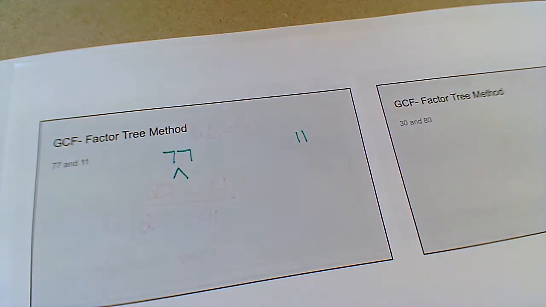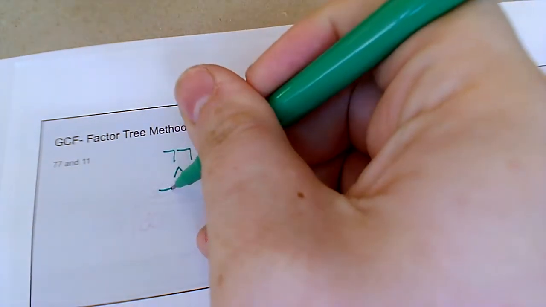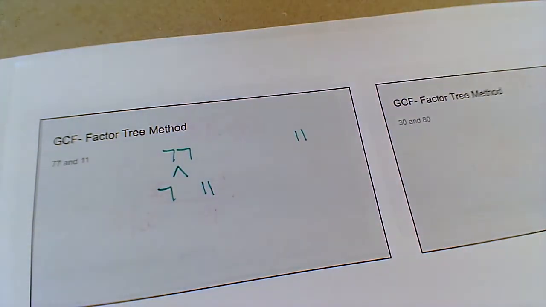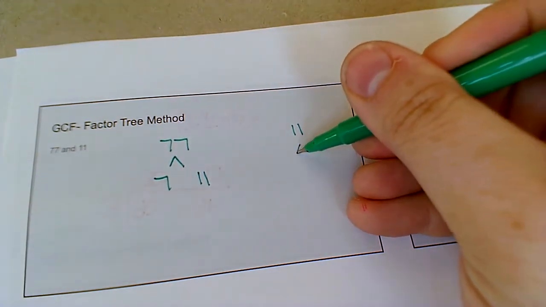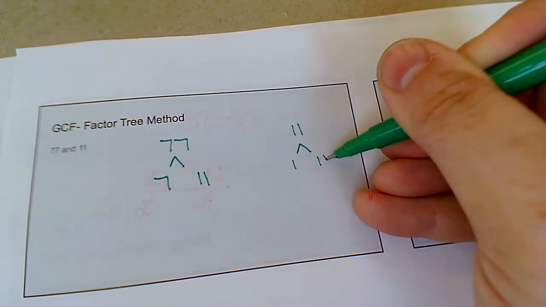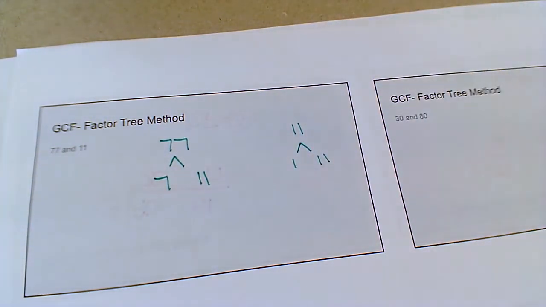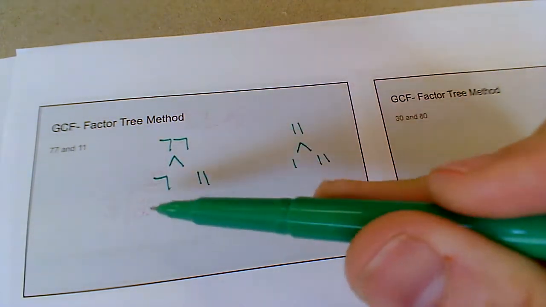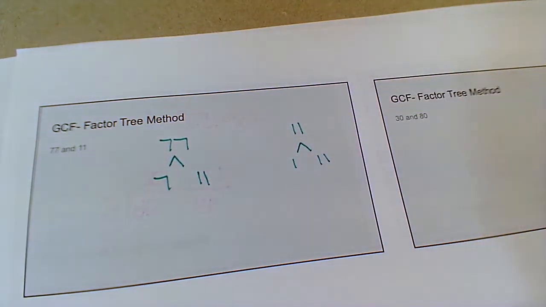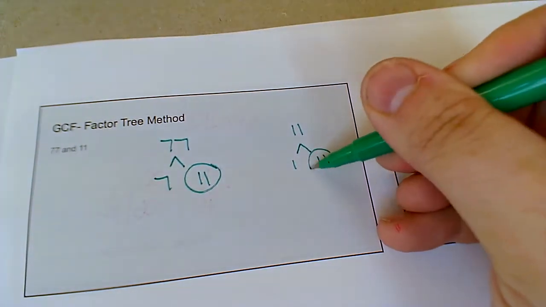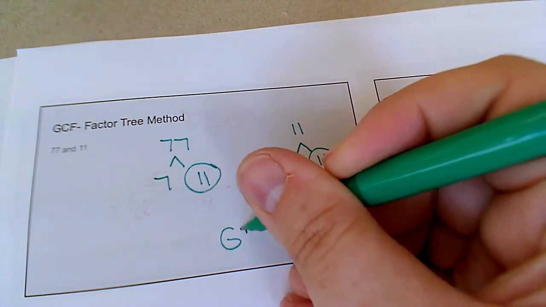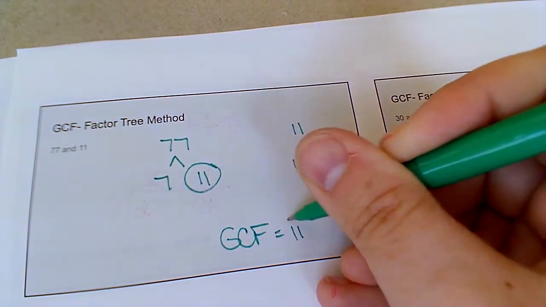I can do 7 though. I can do 7 and 11, and both of those are prime numbers, so I'm done. And 11 can only do 1 and 11. So looking between the factors of 77 and the factors of 11, what is the biggest number they have in common? It's 11. So our greatest common factor is 11.